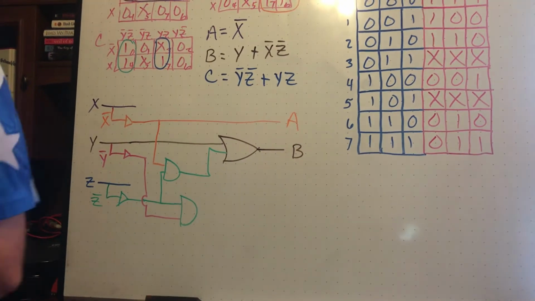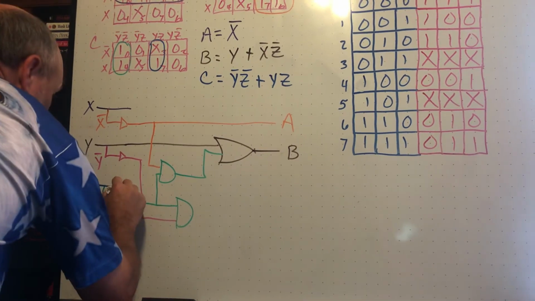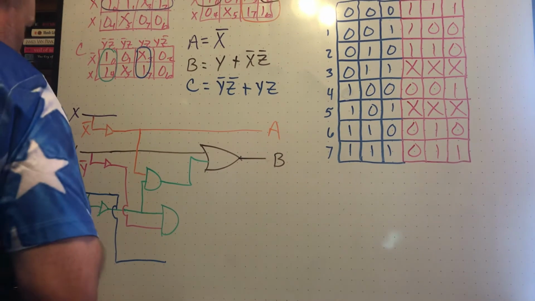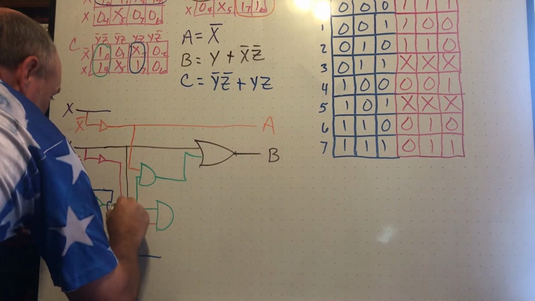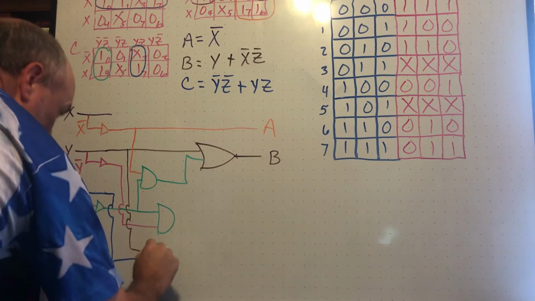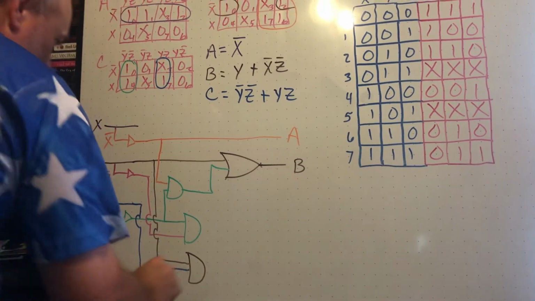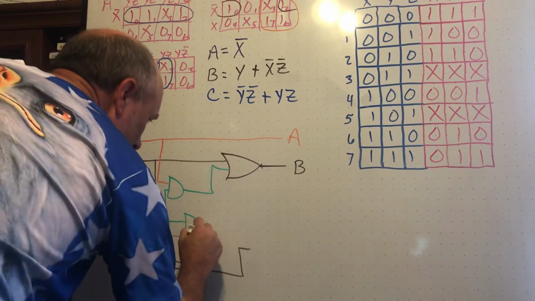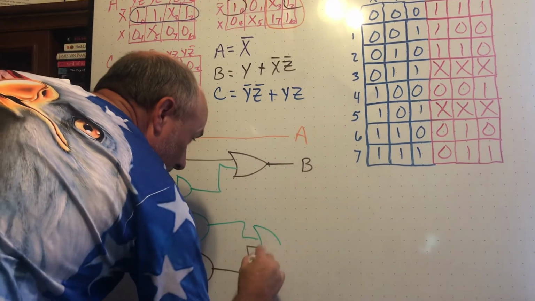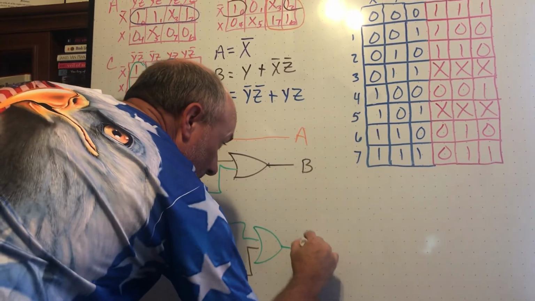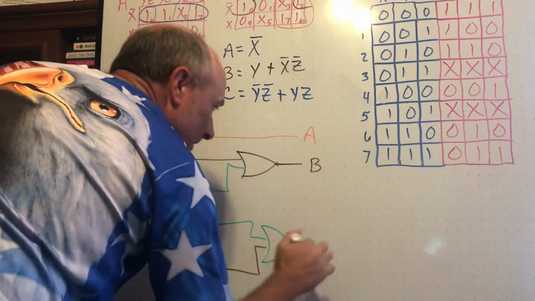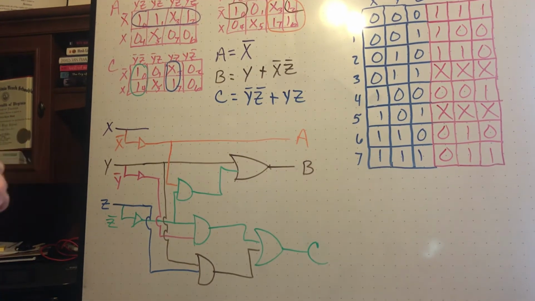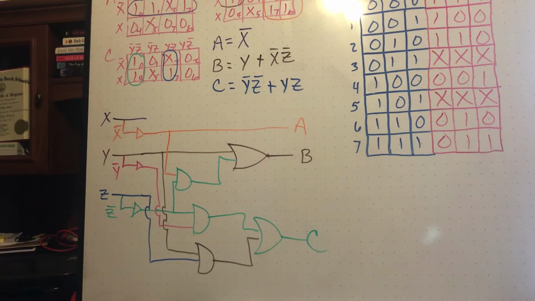So I'm going to bring my Z down, and I'm going to bring my Y down, and AND them two together. And then this output and this output go into an OR gate. And my answer is C. So that is my decoder circuit for the encoder that I built.